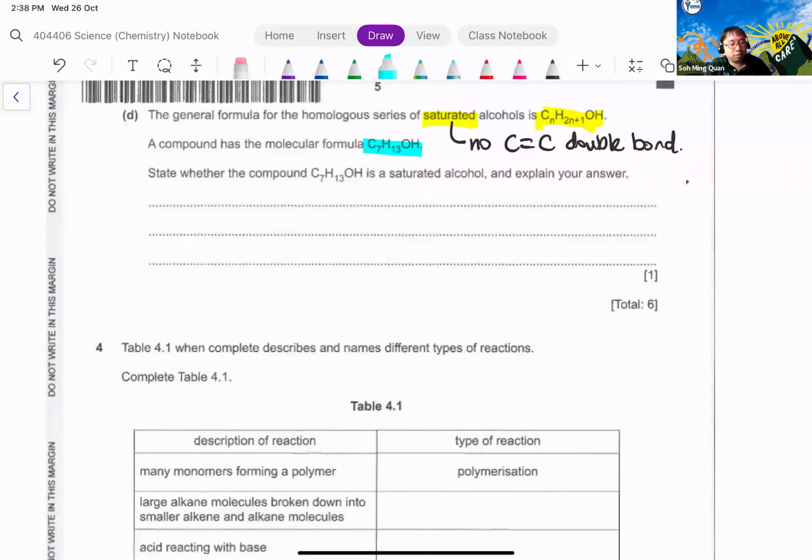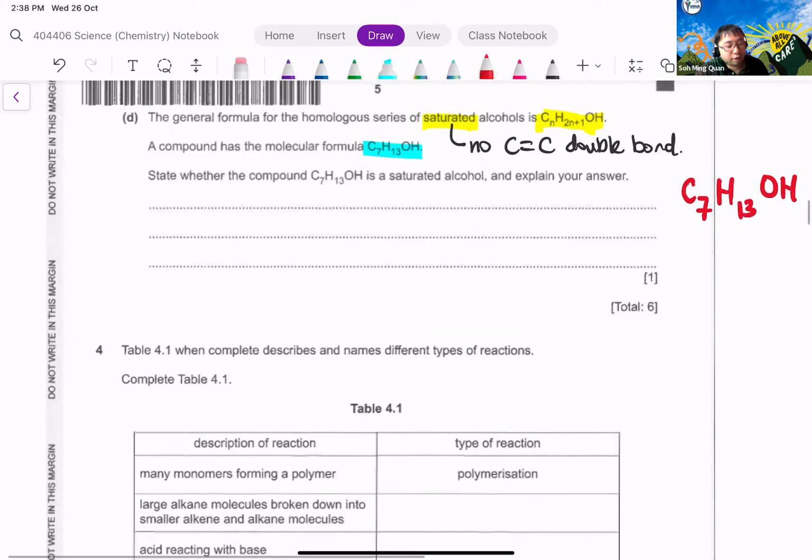So let's take a look. It's C7H13OH. So now let's try to work out the numbers. There are 7 carbon atoms. So n is 7, right? 7 carbon, so n equals 7.